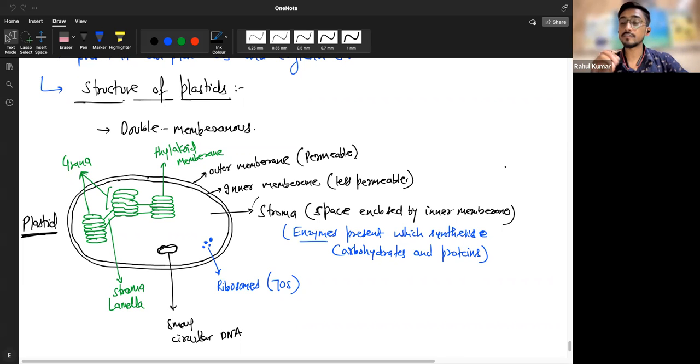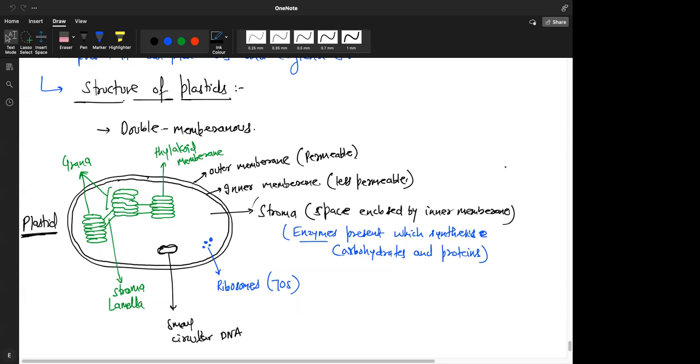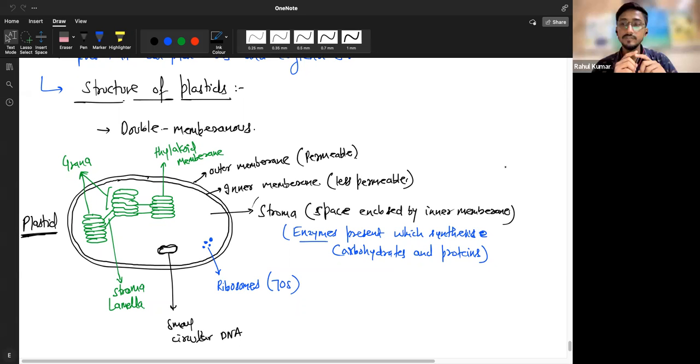So dark reaction is where the food is produced, actually. The starch or the carbohydrate is synthesized. But that happens during the day also. Okay? So the light reaction, which is dependent on light, happens in the thylakoid membrane because it contains chlorophyll. That's why I have made them green.